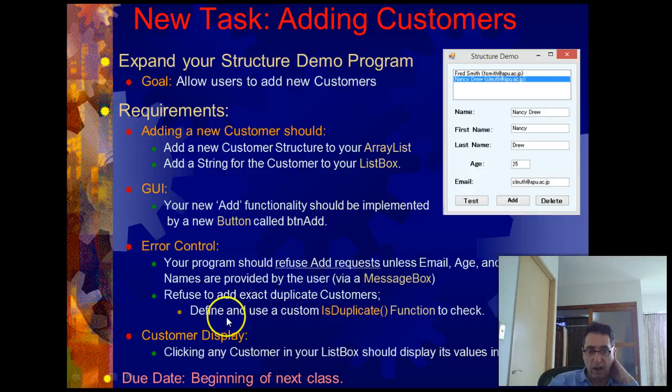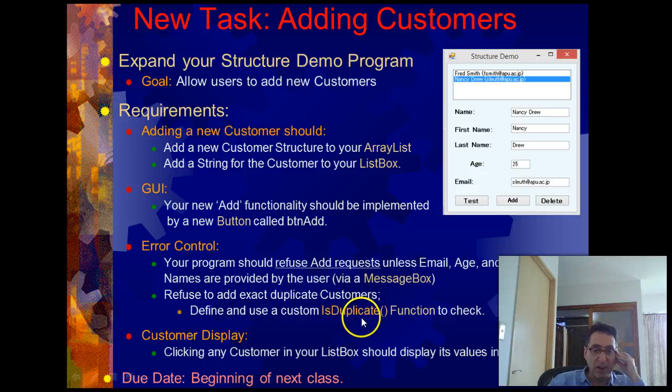And they say yes, and then you actually add it, and that means these two things happen. And also define and use a custom isDuplicate function to check. Refuse to add exact duplicate customers. So you have to check through your array list to see if that customer is actually in your array list.